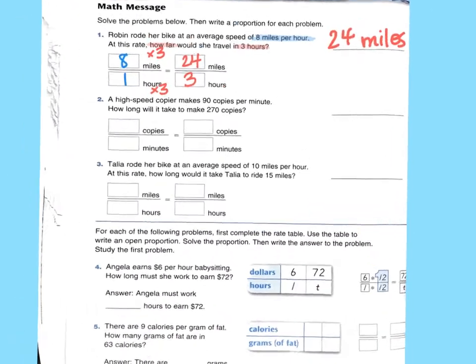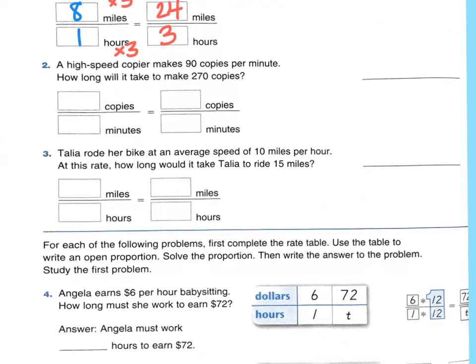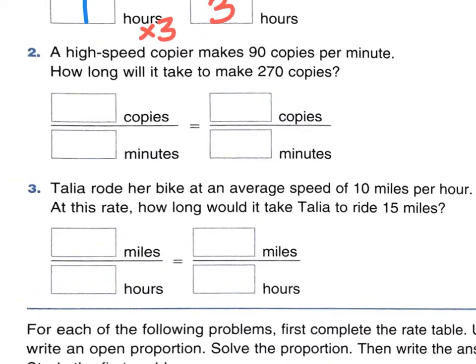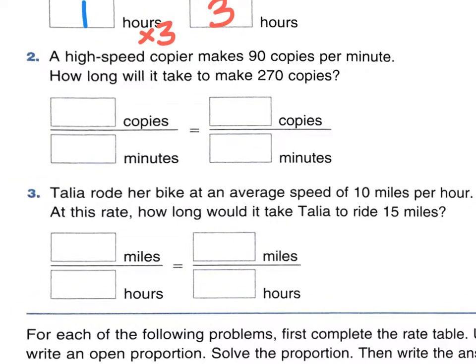Now they started us out with a fairly simple one. That was easy to see the relationship between those numbers. Some of them are a little more difficult. A high-speed copier makes 90 copies per minute. Now notice it doesn't say 1 minute, it just says per minute. So we need to say, okay, 90 copies per minute means just 1 minute. And we have the first part of our proportion. How long will it take to make 270 copies? So now we know the number of copies, 270, and we don't know the number of minutes yet. It's asking us how long will it take.